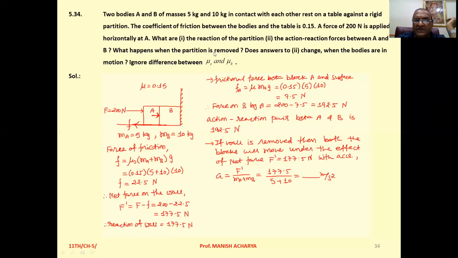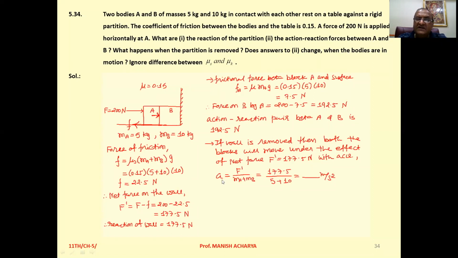Now third question. What happens when the partition is removed? Now if the partition is removed, then both the blocks will move under the effect of net force. Now, the net force we calculated is 177.5.